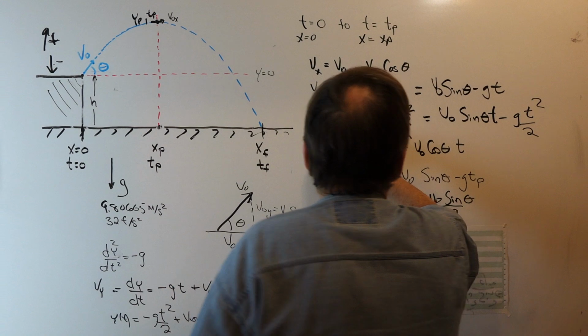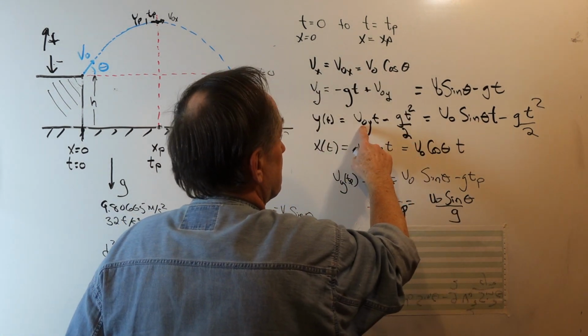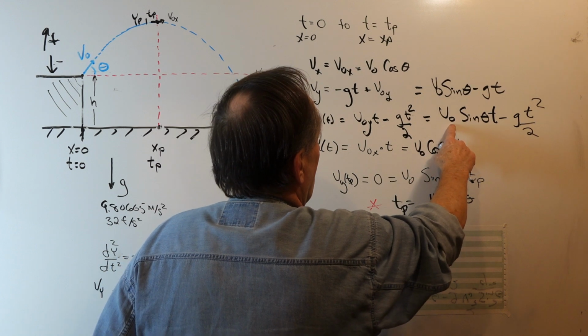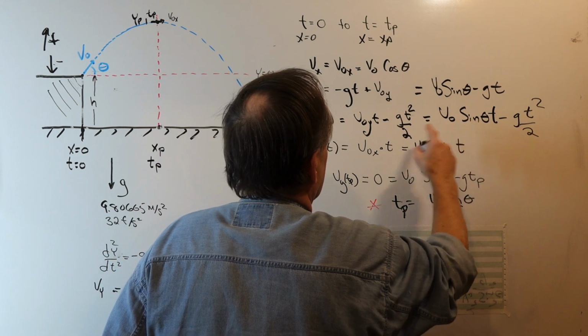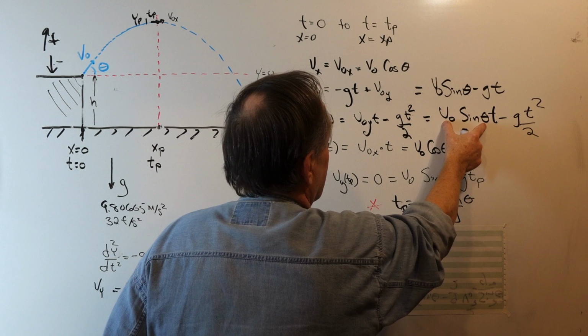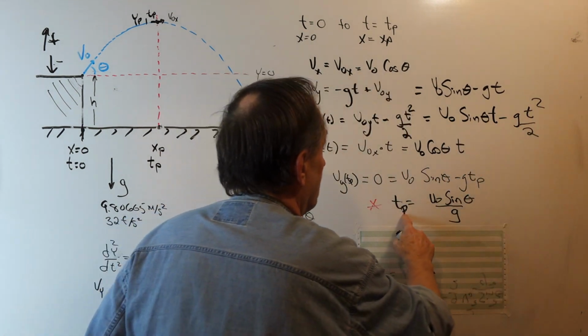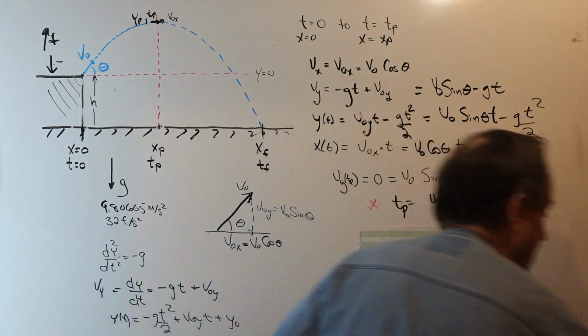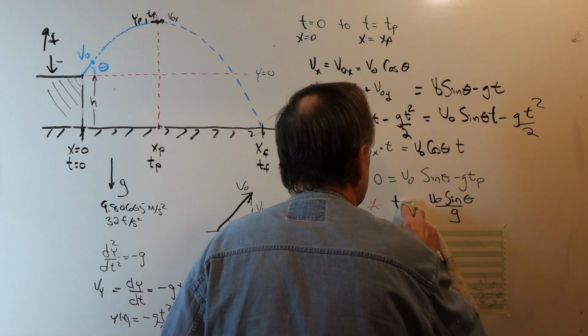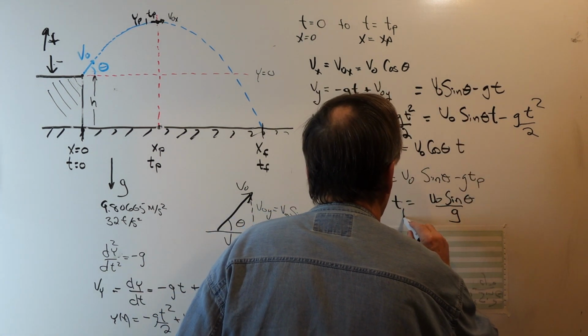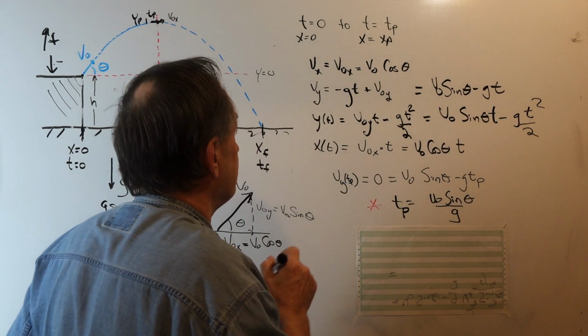So y of t is v0y times t minus gt squared over 2, or v0 sine theta, our initial y velocity, times time minus gt squared over 2. And now we put the time to reach the peak into that equation to get how high up the projectile has advanced.